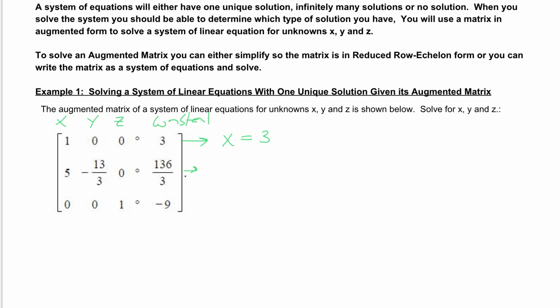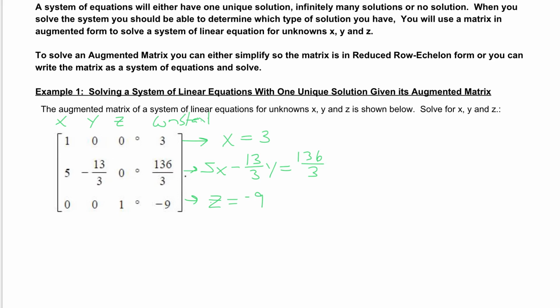So we get 5x minus 13 over 3 y equal to 136 over 3. And in our third row, we have nothing in front of our x, so no x's, we have no y's, and we have 1z equal to negative 9. So here we know z is equal to negative 9.